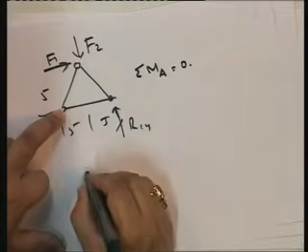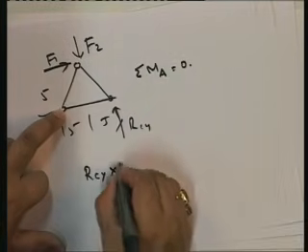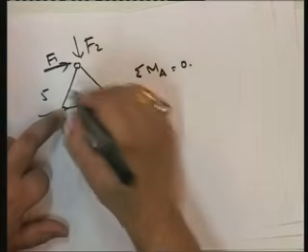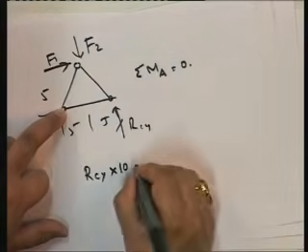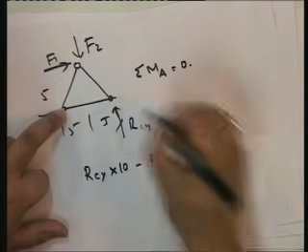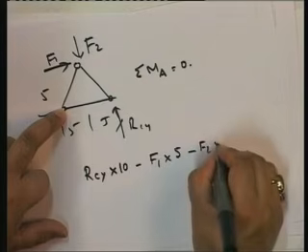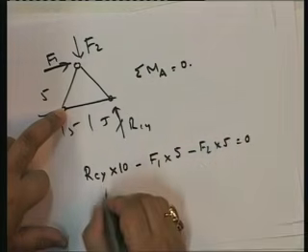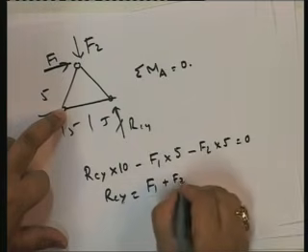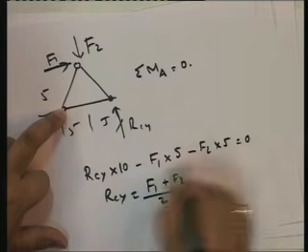What do I get? RCY into 10. This is a counterclockwise moment. And both of these give rise to clockwise moment. So the clockwise moments are F1 into 5 minus F2 into 5 equal to 0. And RCY is equal to F1 plus F2 upon 2.